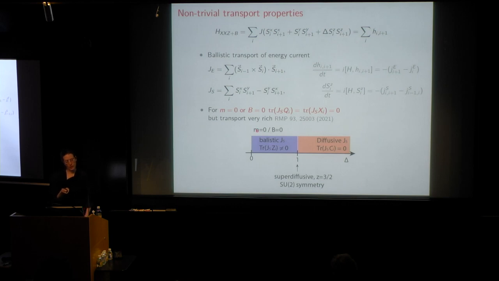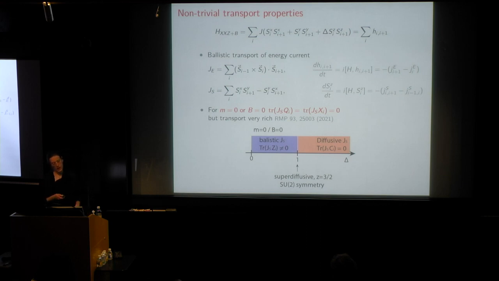In that case, the spin current does not have overlap with local conservation laws, and it only has overlap with one family of quasi-local conservation laws in a certain regime of the anisotropy being between 0 and 1. Summarizing, the spin current in this integrable Heisenberg chain shows several transport regimes: ballistic, diffusive, and in between the two, the superdiffusive one.